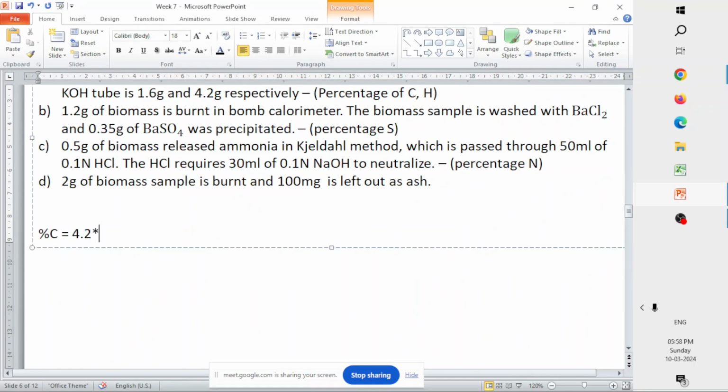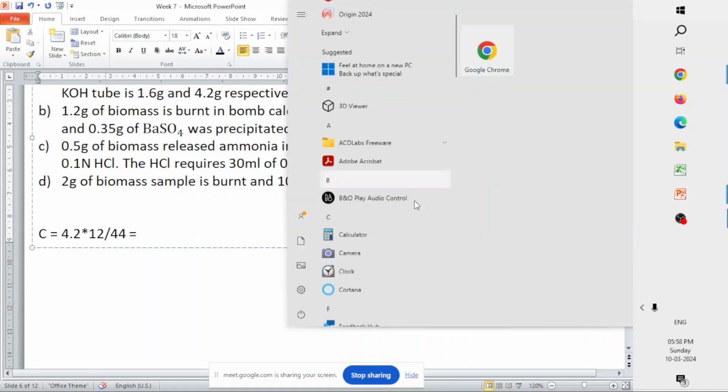So using that logic, let's calculate this quickly. 4.2 times 12 divided by 44. This will be the carbon that will be present in the carbon dioxide, which is increasing the weight of your KOH tube. Let me use my virtual calculator.